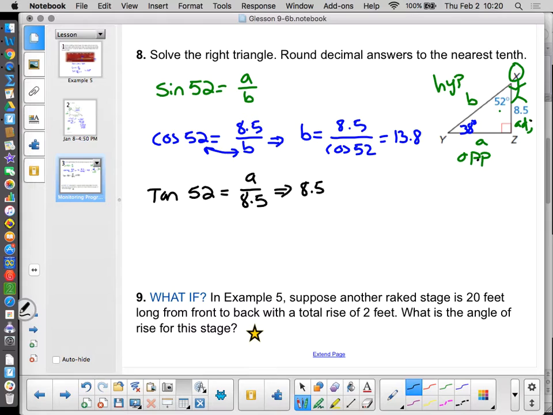I get 8.5 tan 52 equals A. So 8.5 tan 52 gives me 10.9. And I have solved that entire triangle. I now know all three sides. I know all three angles. That triangle is solved.